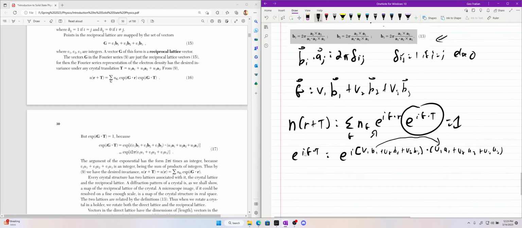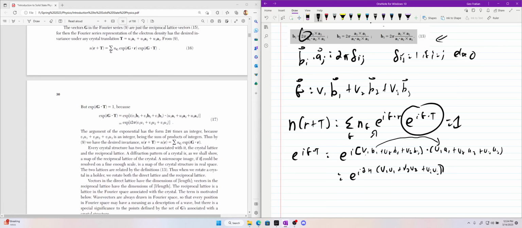So this right here is just equal to e to the i 2 pi, because we have that factor of 2 pi, if you remember, from over here, times v1 u1 plus v2 u2 plus v3 u3. Since v1 b1 times u1 a1 stays, and then v1 b1 with u2 a2 does not stay, because we need the indices to be the same.